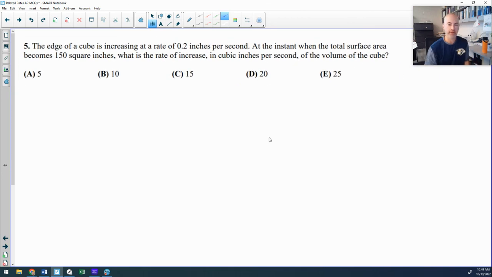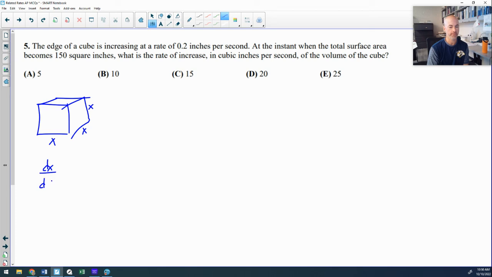The edge of a cube is increasing at 0.2 inches per second. So again, we're looking at, well, it's not a square, it's a cube, square-ish, all right? So we have a cube. Wow, that was crappy. Look at that cube. Okay. So we are looking at a cube. The edge is increasing. So that is dx/dt.